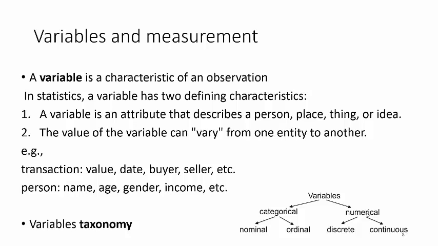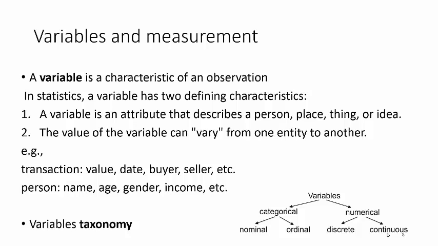A numerical variable can be further classified as a discrete or continuous variable. If a variable can take on any value between its minimum value and its maximum value, it can be called a continuous variable. Otherwise, it is called a discrete variable.